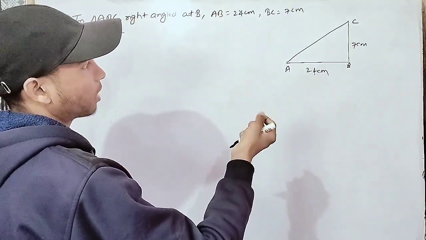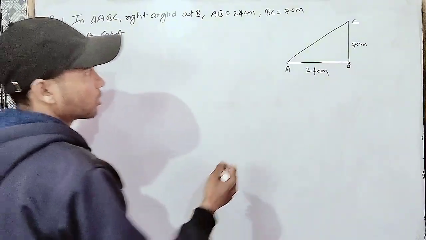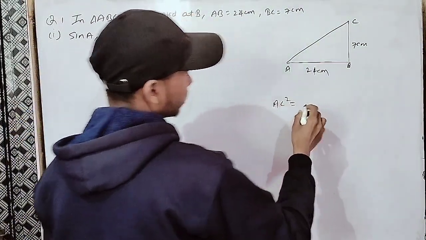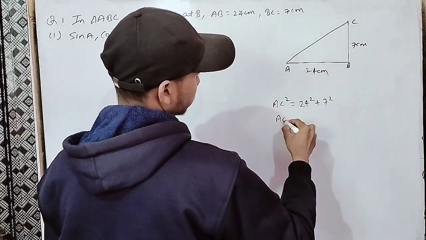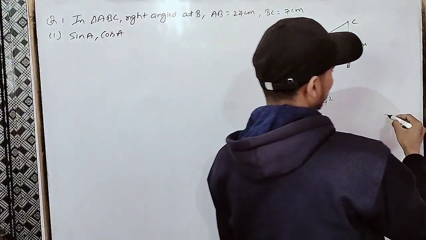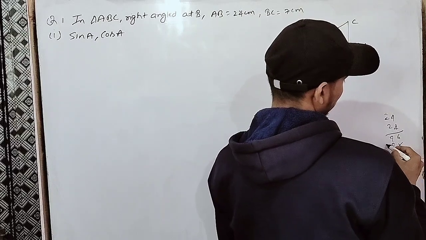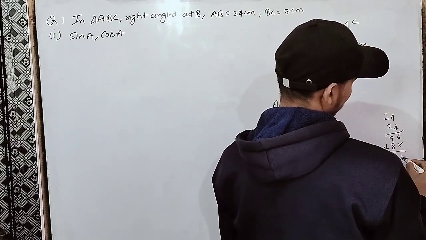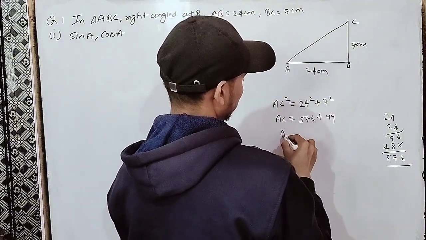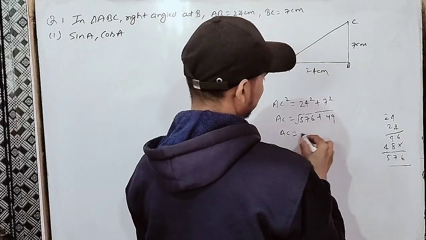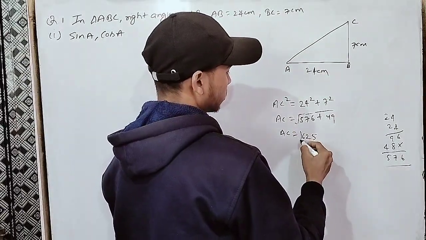To solve for the value of AC, we have to use the Pythagoras theorem. So AC squared equals 24 squared plus 7 squared. 576 plus 49 gives 625.